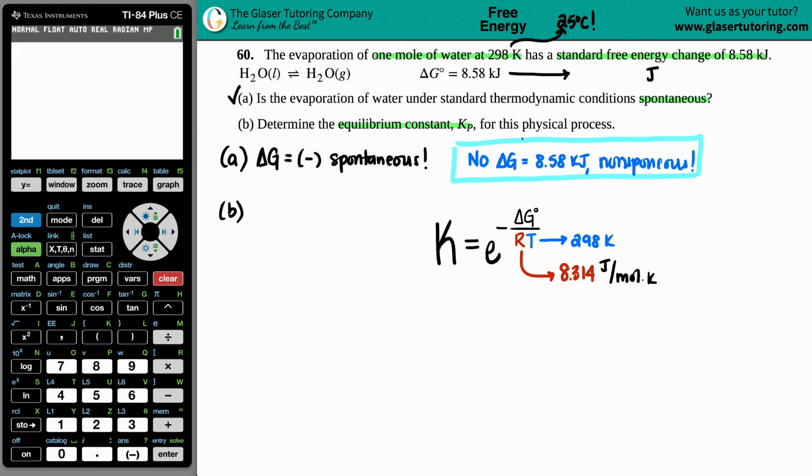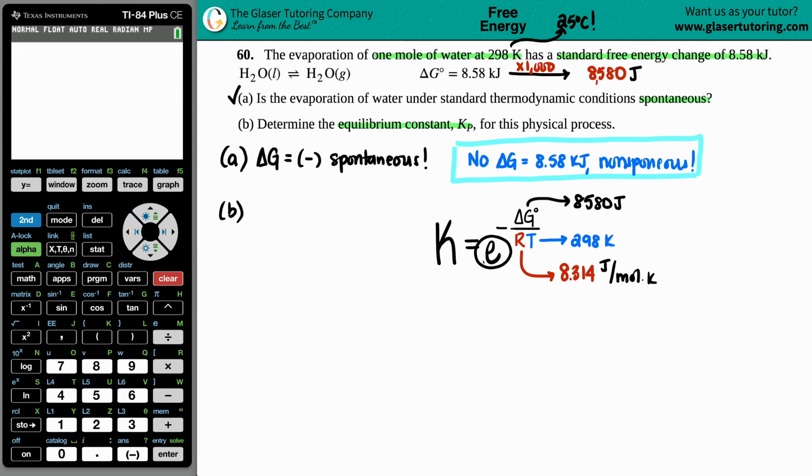The kilojoules into joules is a pretty standard conversion. All you have to do is multiply by 1,000. Similarly, you could just take the decimal and move it to the right 3 spots. So this essentially would be 8,580 joules. And that's the number that I'm going to throw in over here. 8,580 joules.